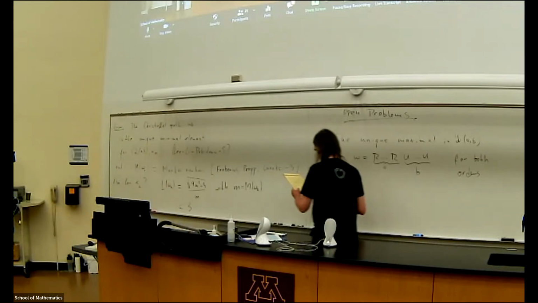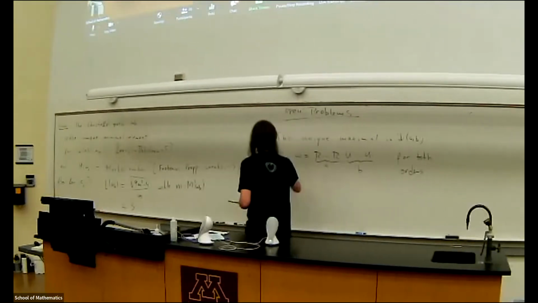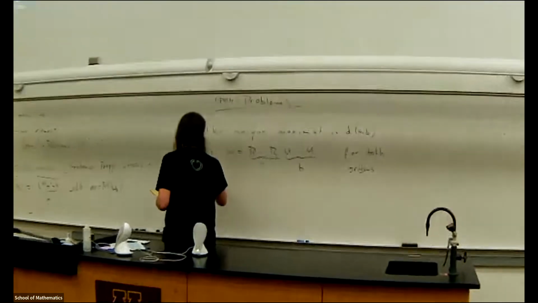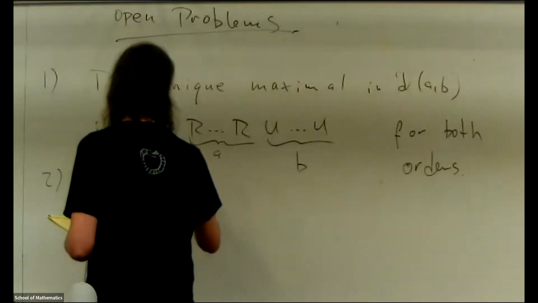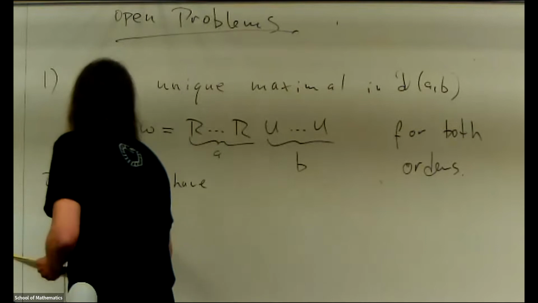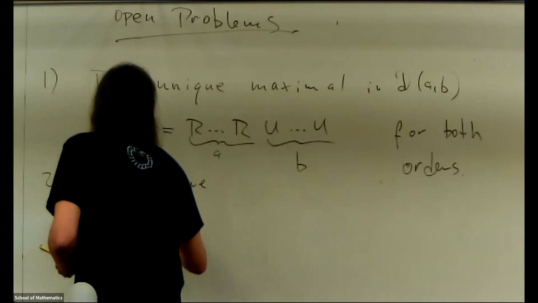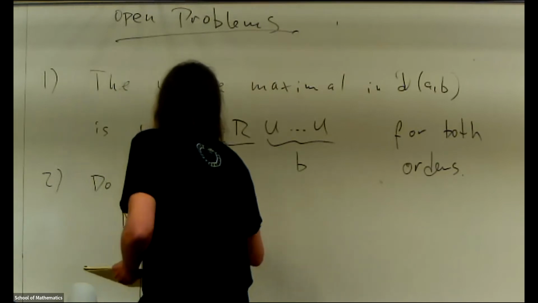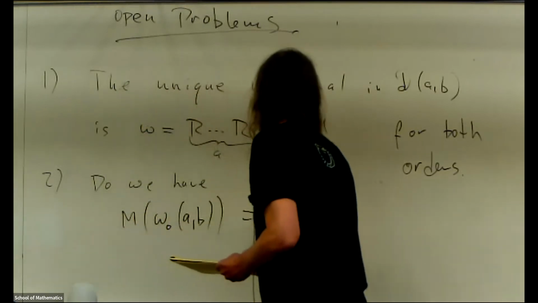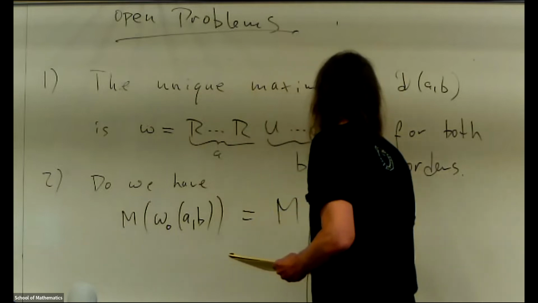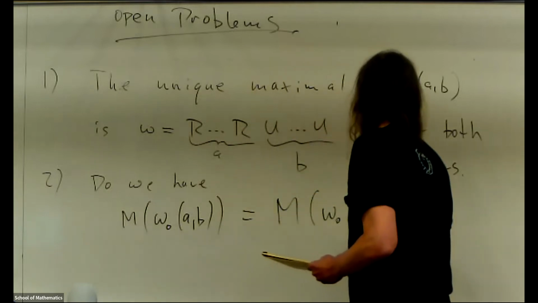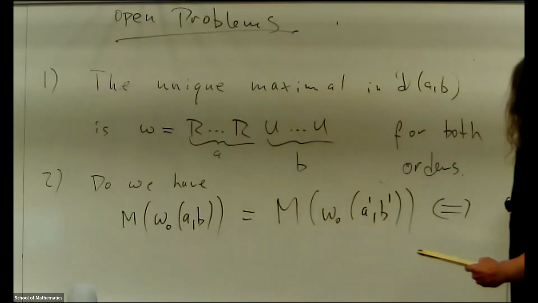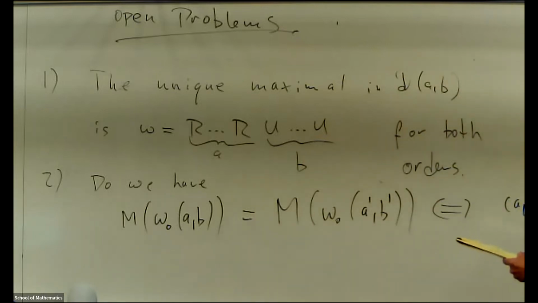So question 2. I write this as statements, but these are questions. So maybe I should say, do we have: consider the Christoffel path in AB, and then you consider the Christoffel path in A prime, B prime, if and only if AB is A prime, B prime.